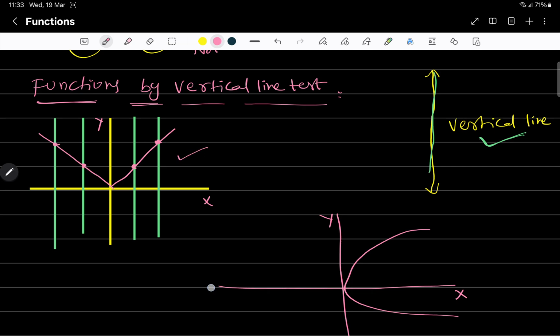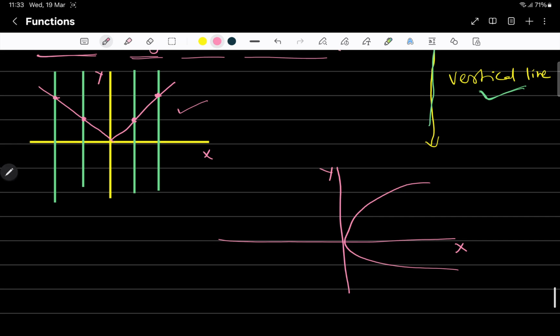See the second graph. If I draw vertical line like this, I will take another color, just wait. If I draw vertical line like this, anywhere you can draw.